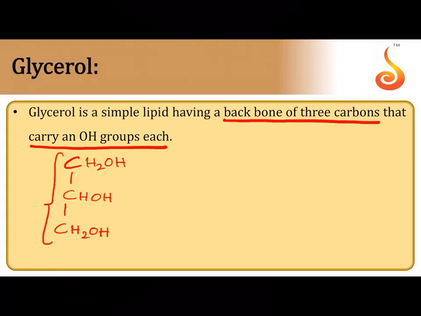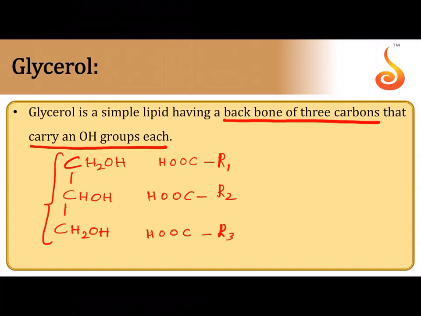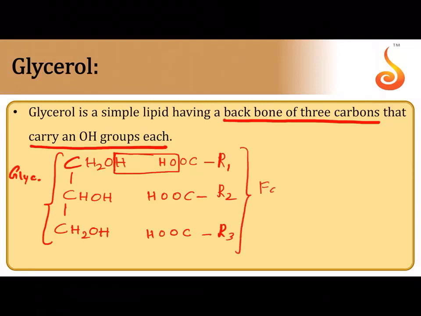This glycerol has to form a bond with 3 fatty acids, say R1COOH, R2COOH, R3COOH. Now how is an ester bond formed? By removal of a water molecule. So the H of the hydroxyl group, the alcoholic group, will react with the OH of the COOH group in the fatty acid. Remember, this is glycerol and these are fatty acids.